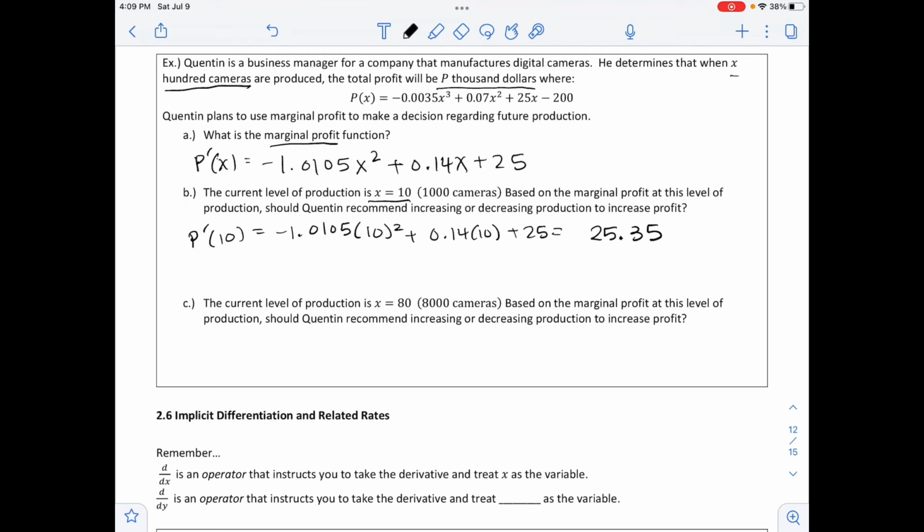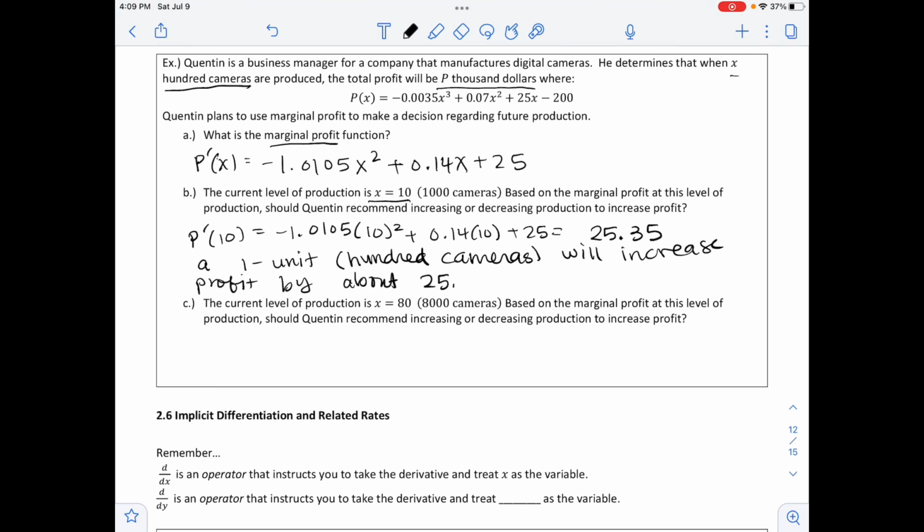And so again, our units are in hundreds of cameras. So we'll say a 1 unit, which is going to be 100 cameras, will increase, because this is positive, profit by about, and again this is our estimate, so about $25.35 thousand, because those are our units up above.